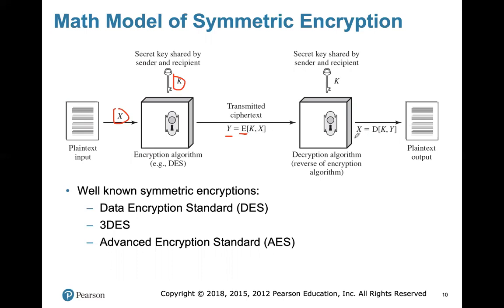Then at the receiver side, we have X, which is the retrieved plain text, which is D of K and Y. So this Y, which is the encrypted data or the cipher data, is applied to the function together with the same key K, and then the decryption is another function that works on these two inputs and produces X, which is the plain text.